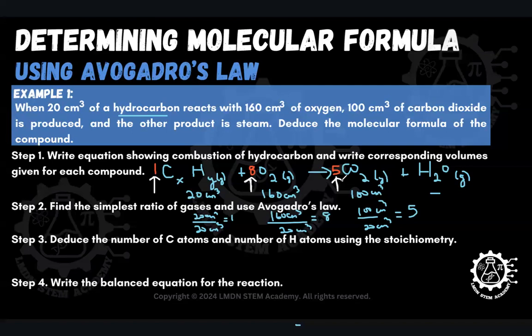So now we're there, and we can balance this equation by thinking about the oxygens. If we look here, 8 times 2, there are 16 oxygens right here. And then here, 5 times 2, there are 10 oxygens here.